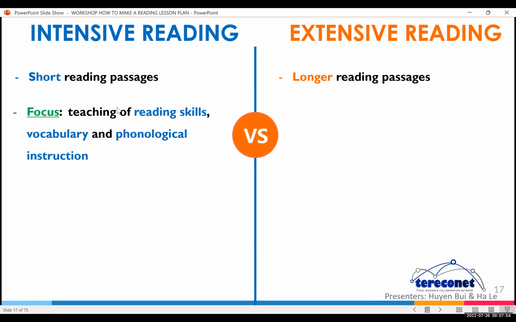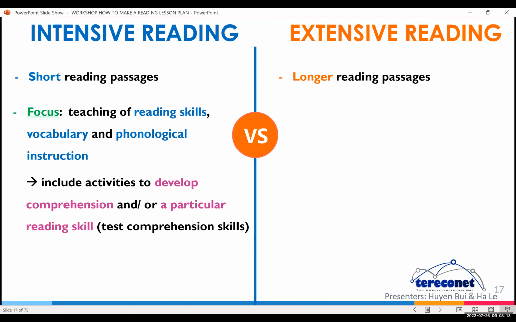The focus of intensive reading is to teach reading skills, or comprehension, the vocabulary in the reading passage, and also some phonological instruction. It will include activities to develop comprehension or a particular reading skill, and to test the comprehension.